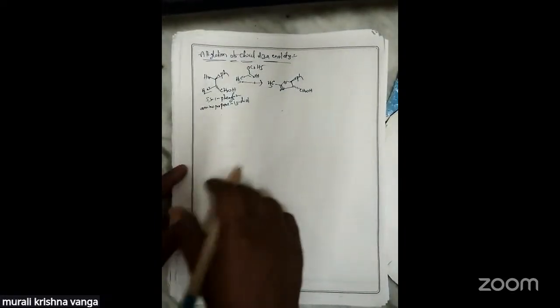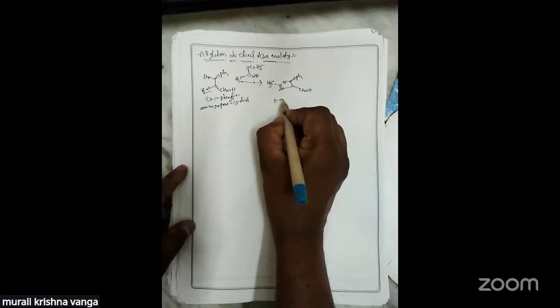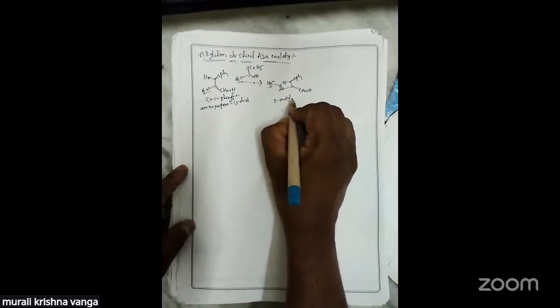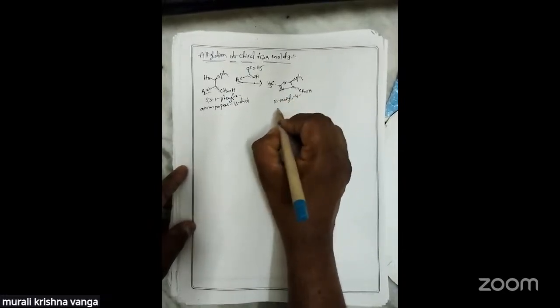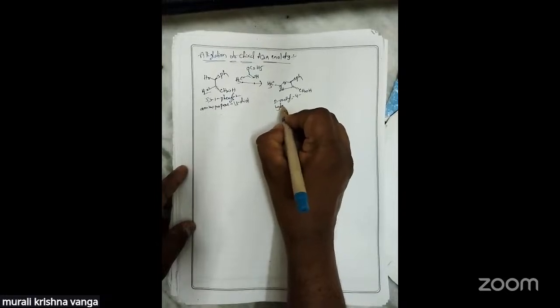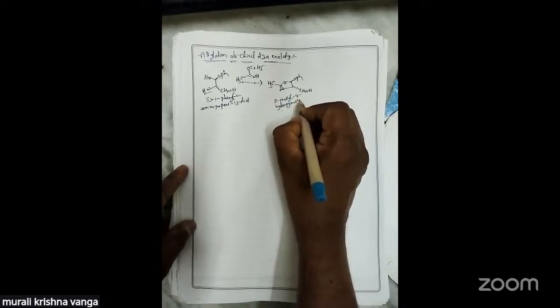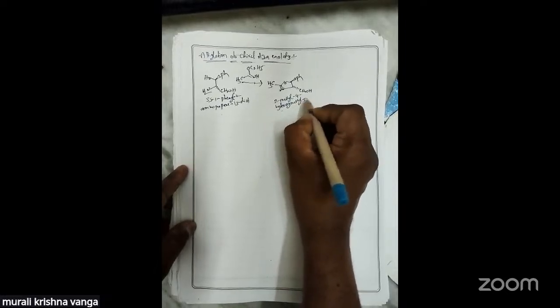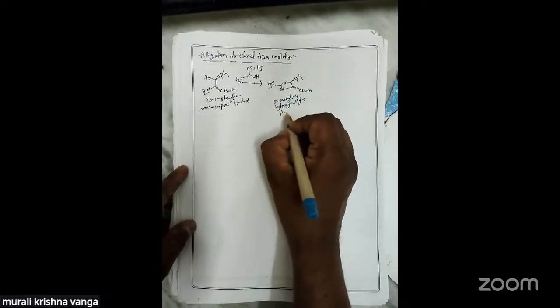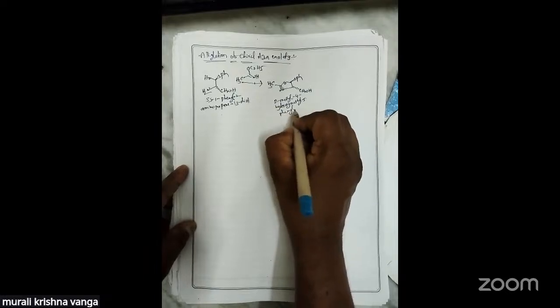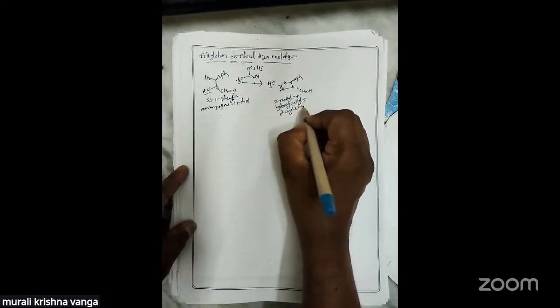Next, then gives 2-methyl-4-hydroxymethyl-5-phenyl oxazoline.